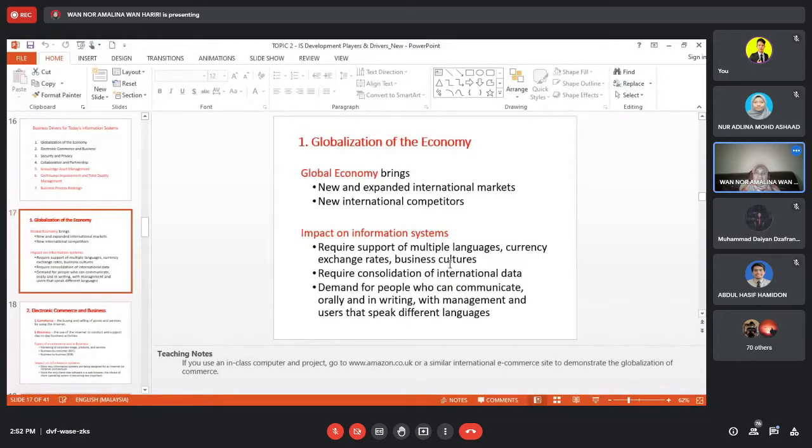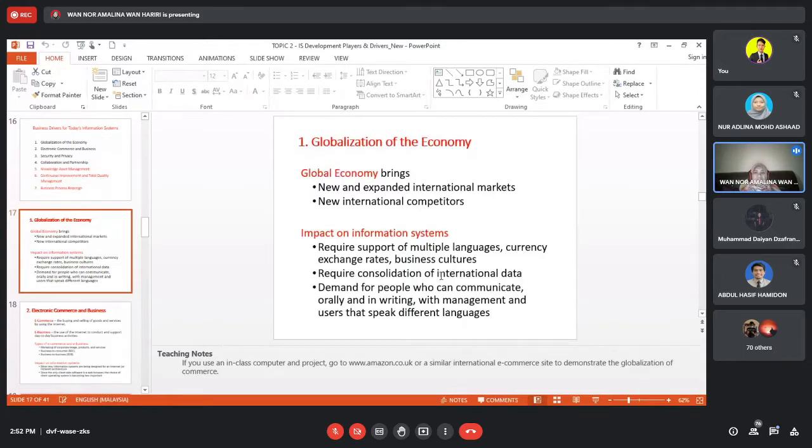It says international seller or something. So you have to use proper English. You cannot speak Malay because they won't be able to understand. Okay, so multiple languages, currency exchange rates; Shopee itself provides the exchange rates. They do the calculation of the exchange rates, and also the business cultures, right?